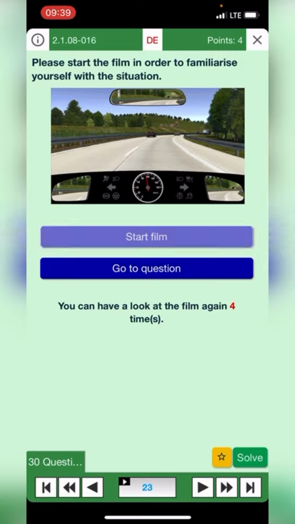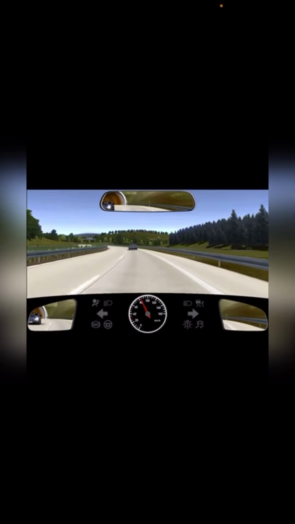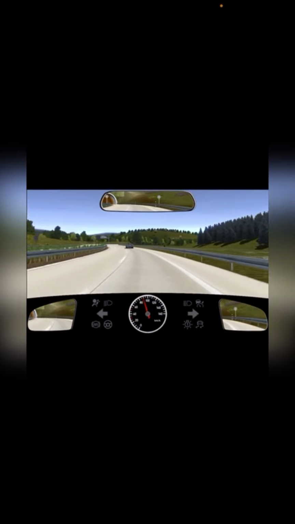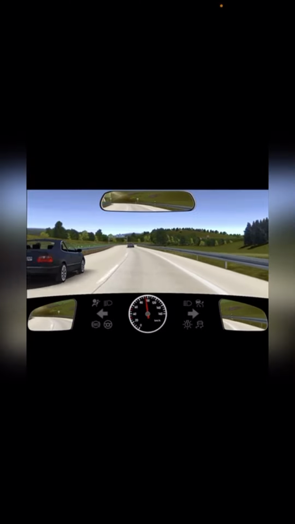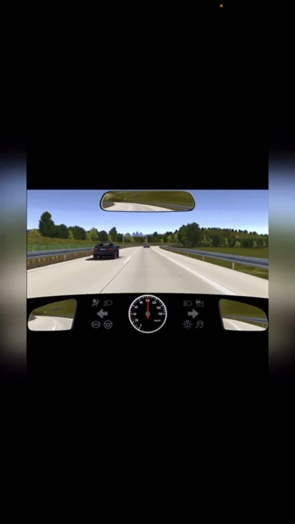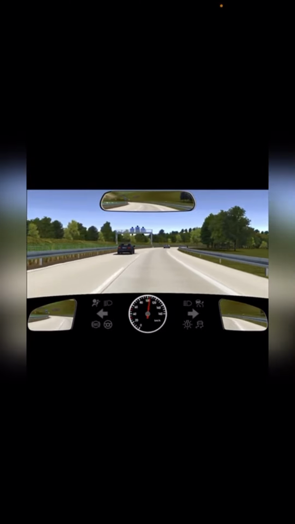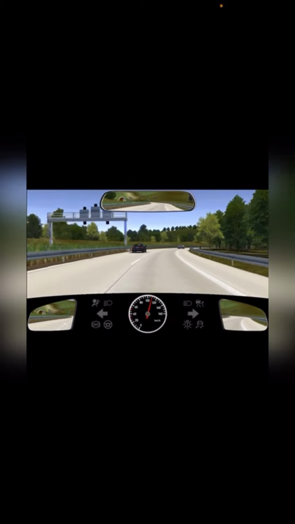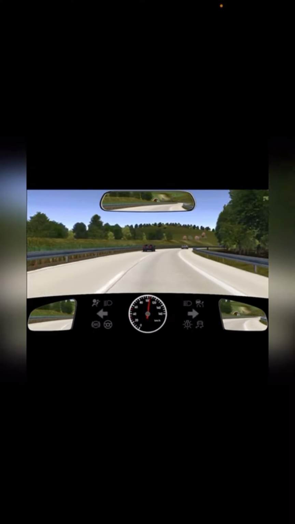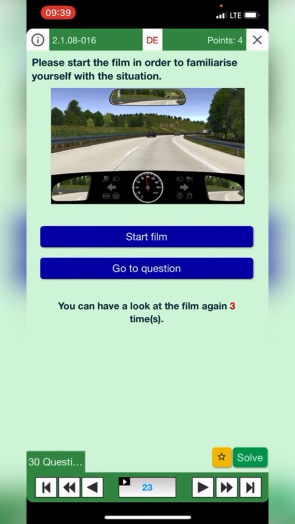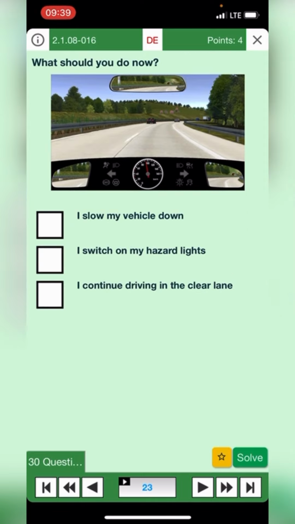So let's look at the film again. Yes, so he has switched on the hazard warning lights. Looks like there is some accident. Let's go to the question.